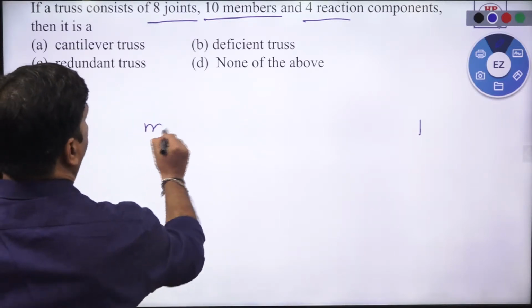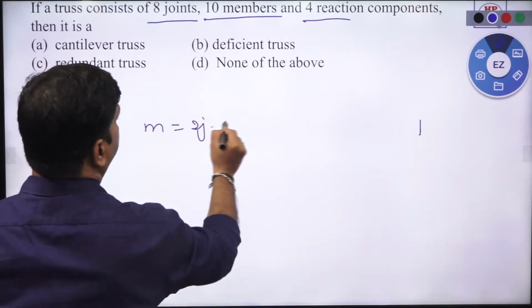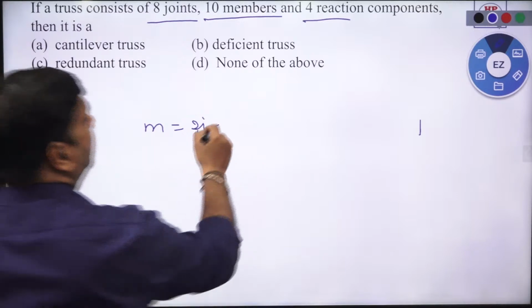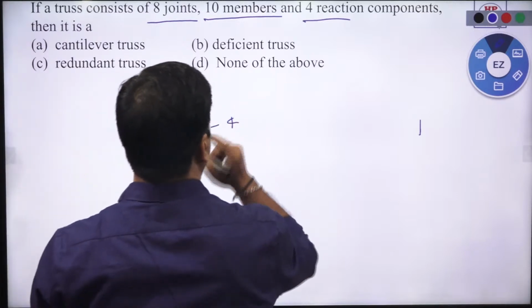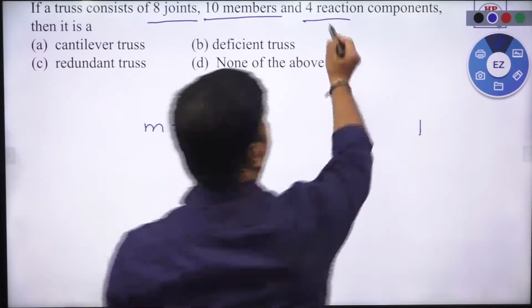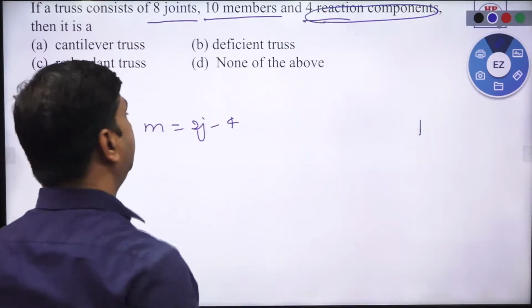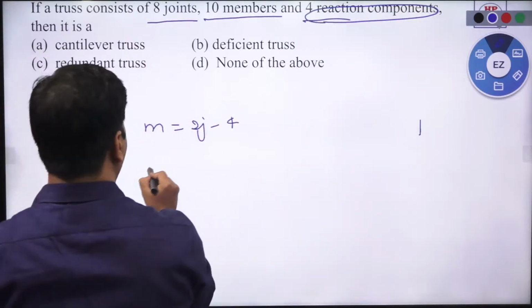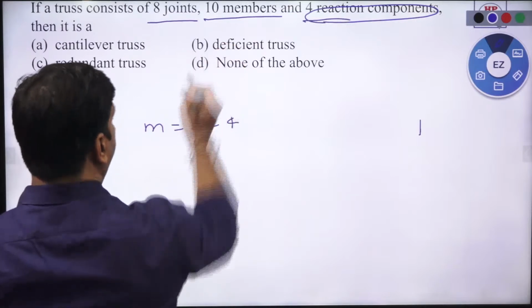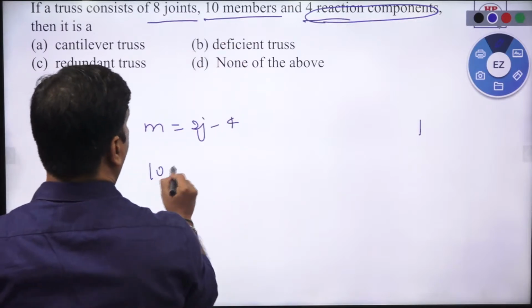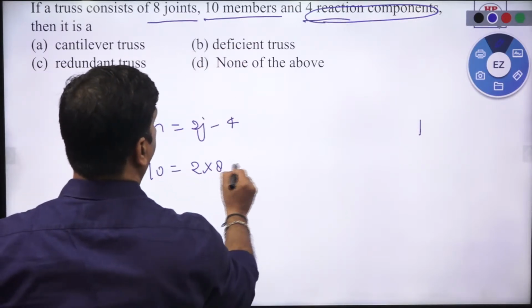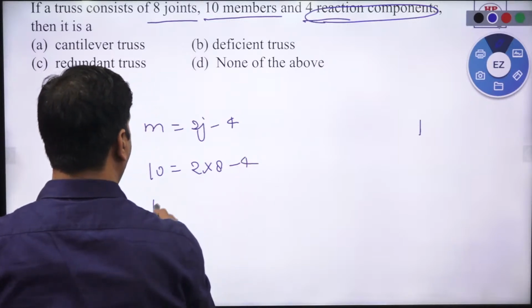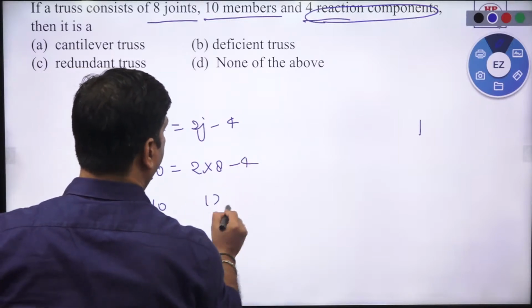As we know, m equals 2j minus 3, where n is the number of reactions. So here we write m equals 2j minus 4, because you are saying that there are 4 reaction components. So m equals 10 members, and 2 into 8 minus 4.